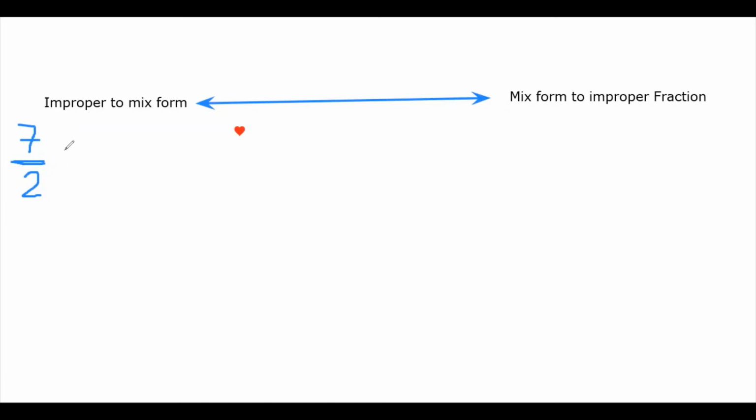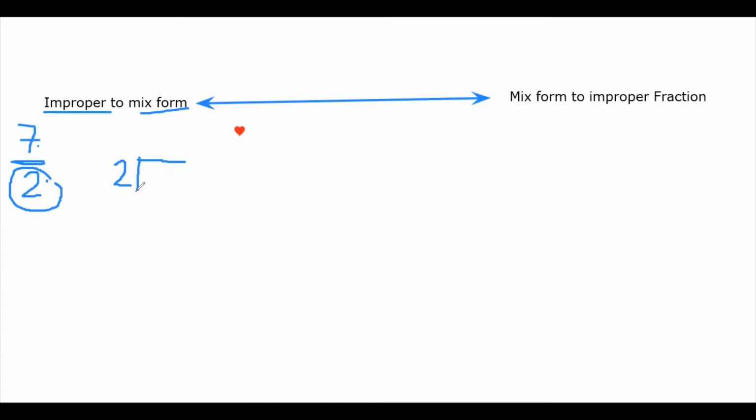Therefore, to convert improper fraction to mixed form, all we need to do is to divide 7 by 2. So what would be our divisor or dividend? Our denominator here, the 2, will be our divisor. The divisor is always placed outside, outside the house, also called the division house.